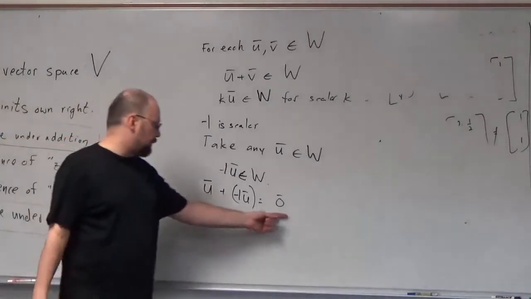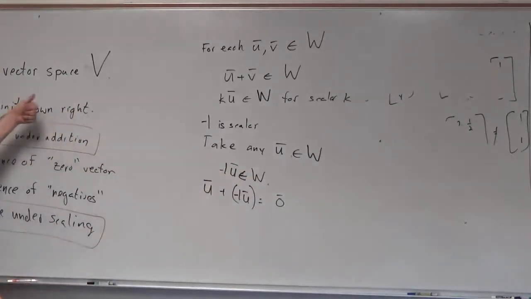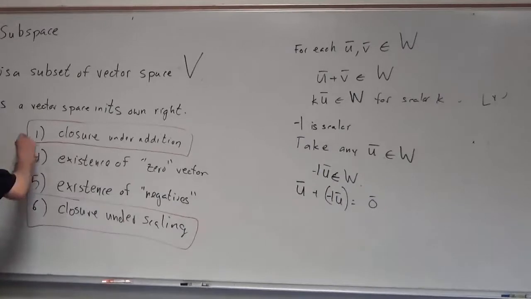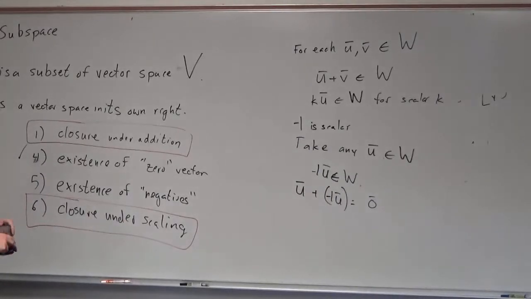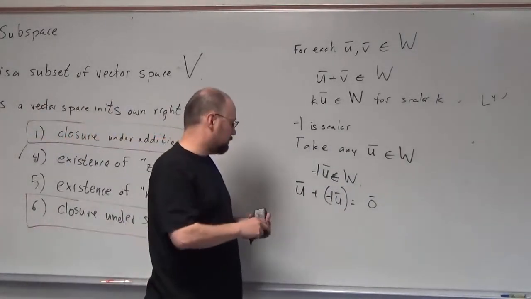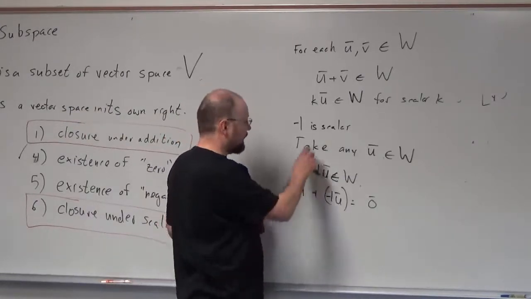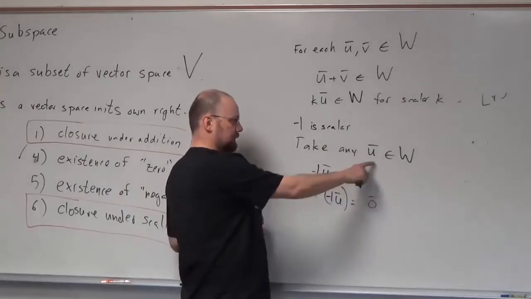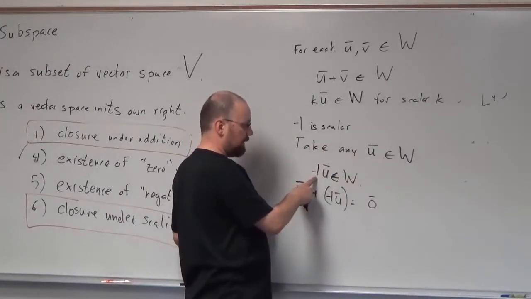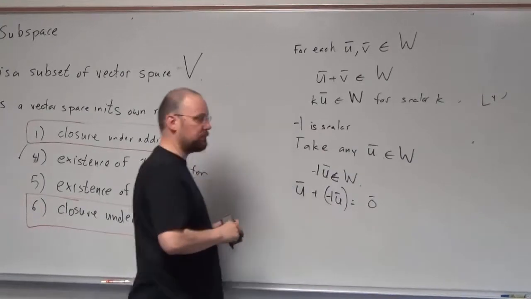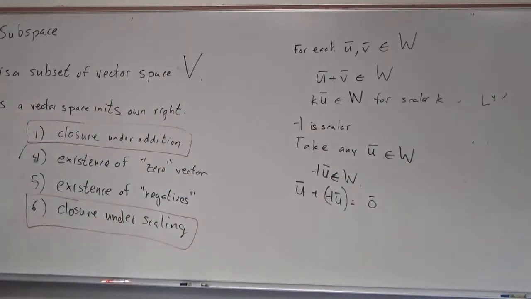And this is the same 0 vector as that in the original, the mother vector space. So the existence of the 0 vector is guaranteed by these two axioms holding. And the negatives exist as well. Very good. Again, it's the same reasoning. This is a vector in W scaled by -1. That's guaranteed to be its negative. Anyway, the short of it is that you just need to worry about these two axioms to show that something is a subspace.